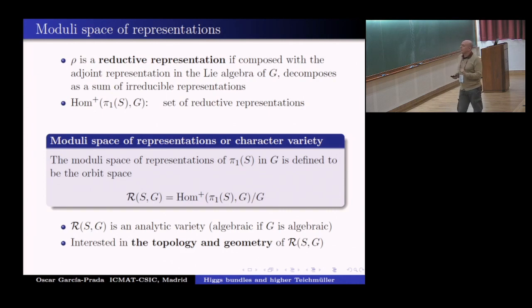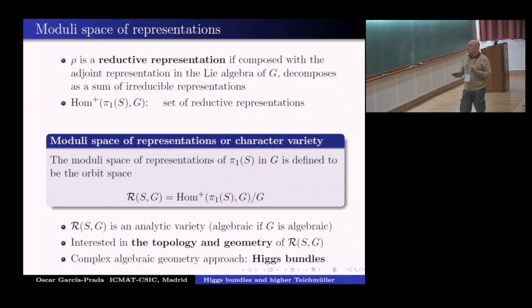I will explain. In any case, the approach that I will take will be an approach in complex algebraic geometry. Even though the group G, most of the time, will be a real group, the complex nature of the problem comes from the fact that I will choose a complex structure on the surface, to make it a Riemann surface. And so the problem will be reduced to a problem in complex algebraic geometry, by means of the theory of Higgs bundles.